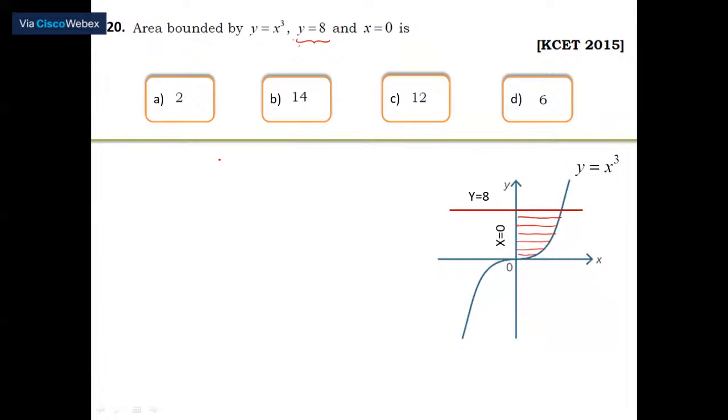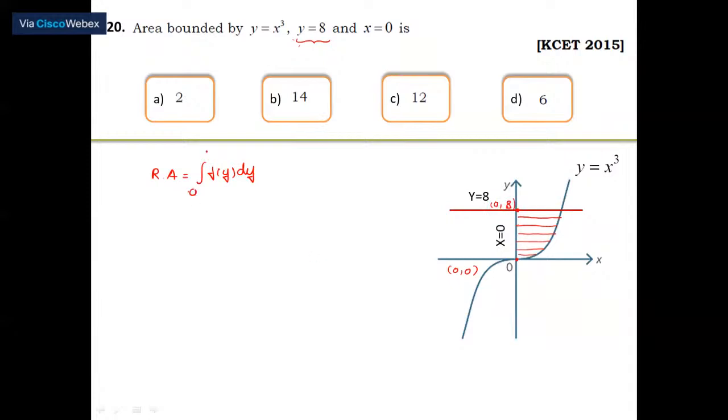Here, instead of considering it as f of x into dx, let us consider the horizontal strip in this required area. So it is integration of f of y into dy, where y varies from the origin, that is (0, 0), to the line y is equal to 8, so it is (0, 8).